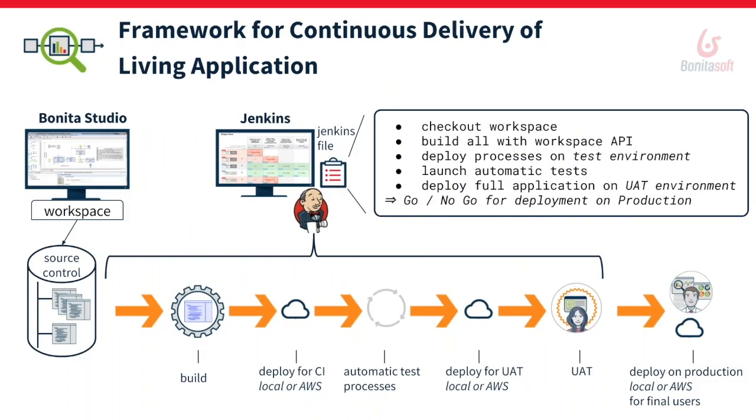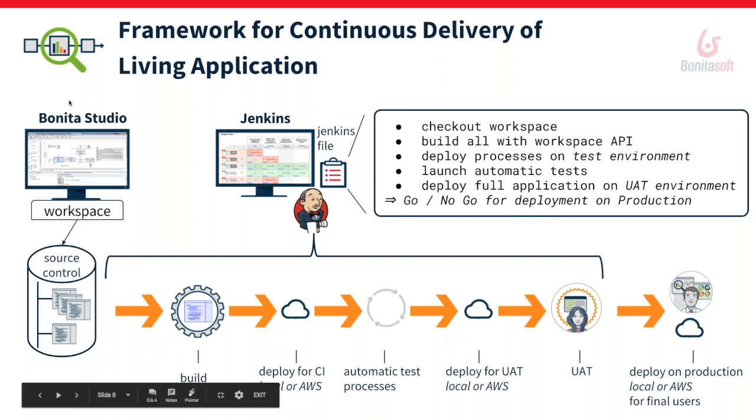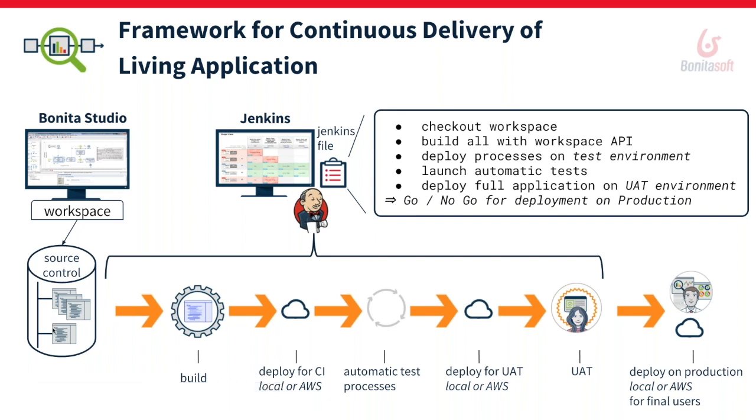So here is an example of the Jenkins part. Basically, that's how we aim to solve the issue of quickly deploying a new version of an application that is built with Bonita. As I said previously, you will use Bonita Studio to commit the application source in a source control repository.